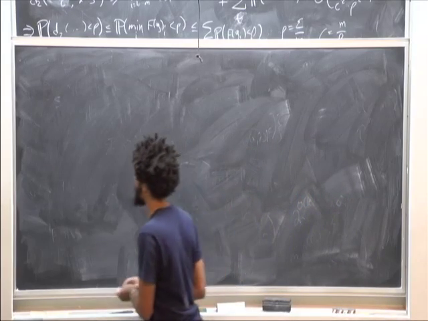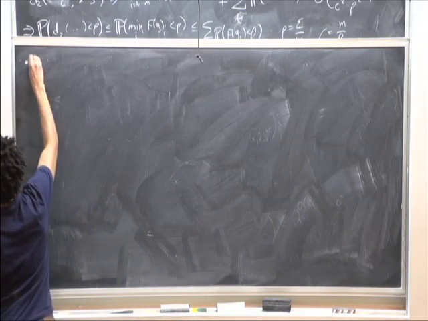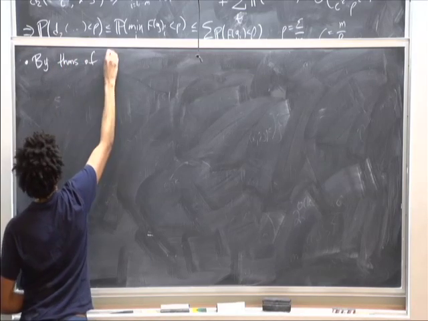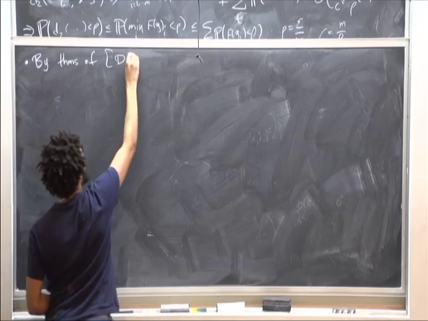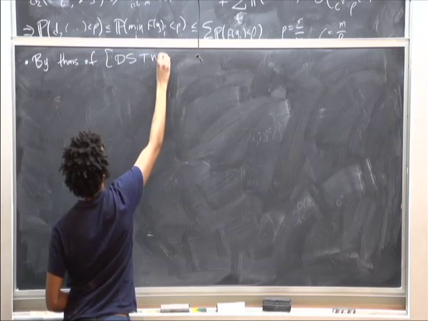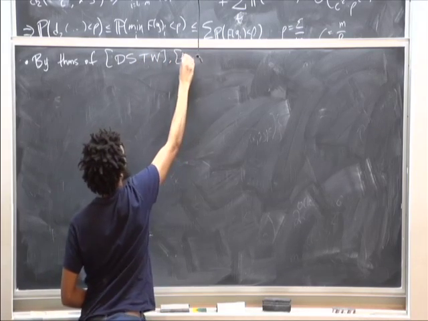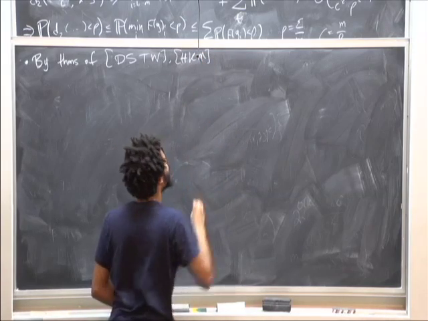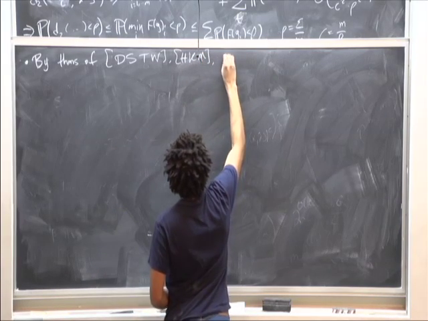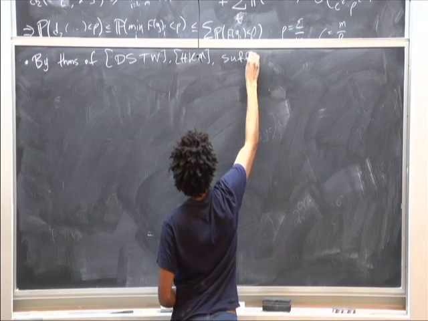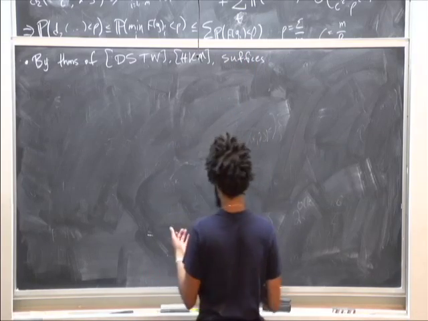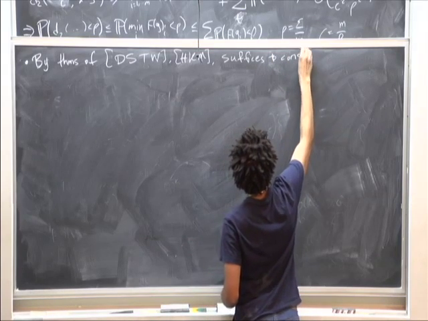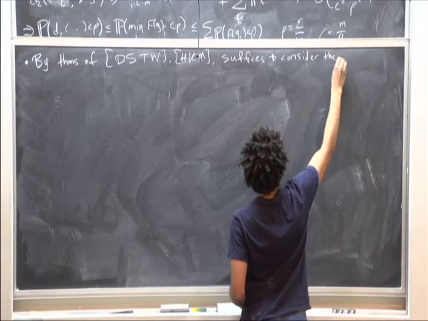So first, let me just say that by theorems of Diakonikolas, Servedio, Tan, and Wan, and also Harsha, Klivans, Meka, I don't want to go into this. Maybe if we have time, we'll come back to it. But it suffices to consider the regular case.